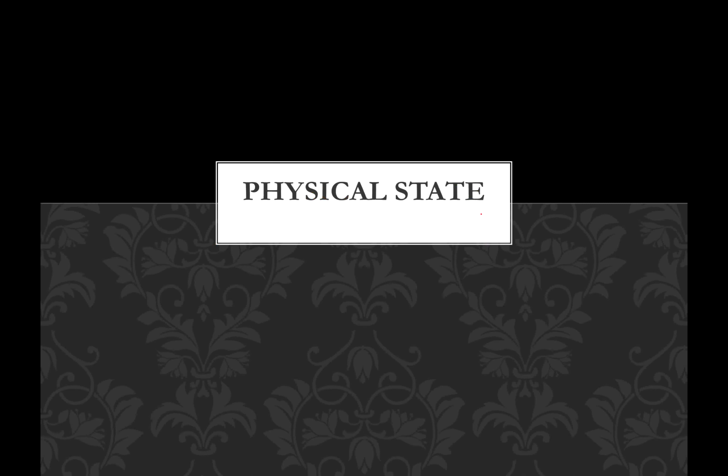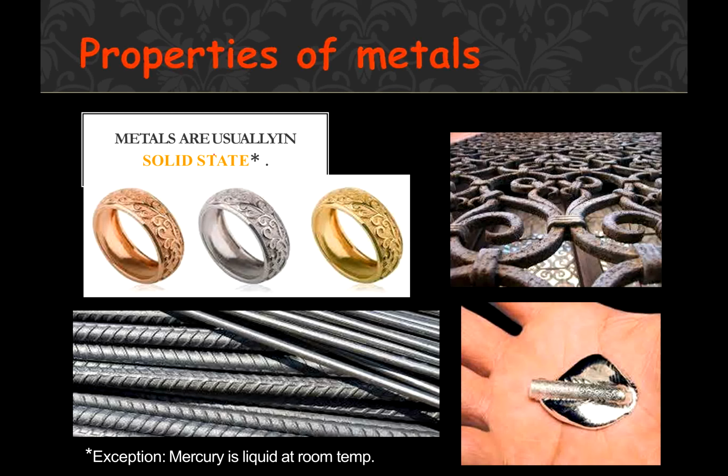So let's start with the first property, physical state. How are these elements occurring in nature, if they are metals and if they are non-metals? So first is the metal. Metals usually occur in nature in the solid state. Think of a hammer, or you can see the electric wiring, or the electronics or utensils, anything.